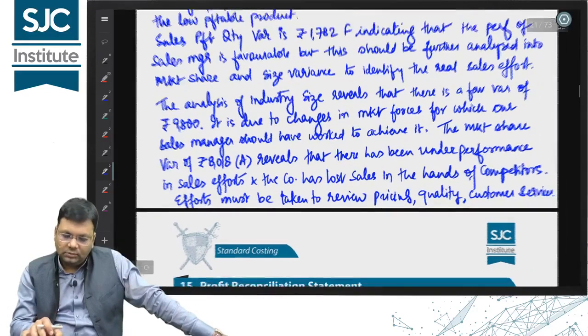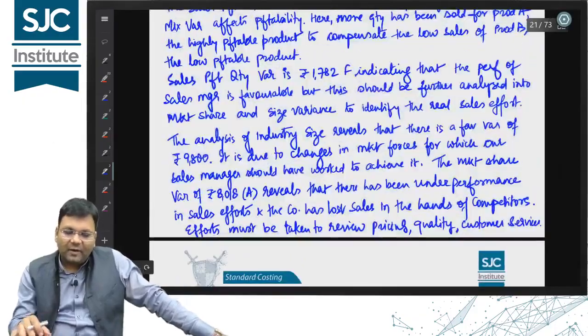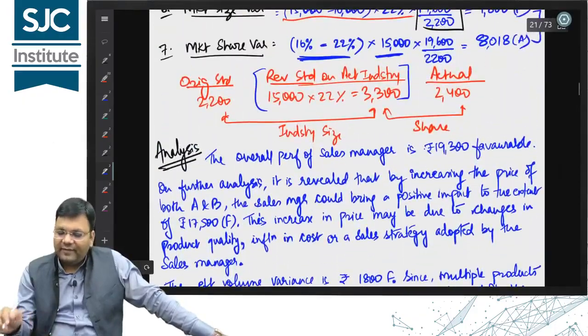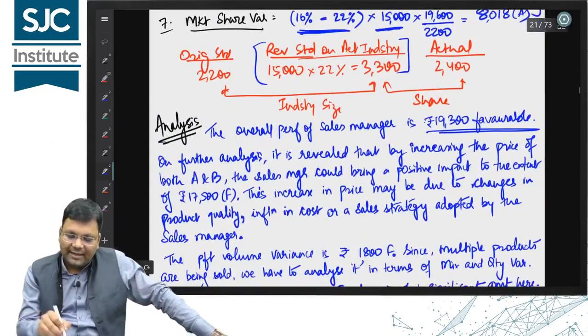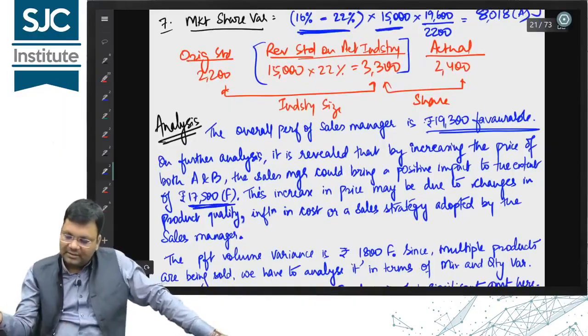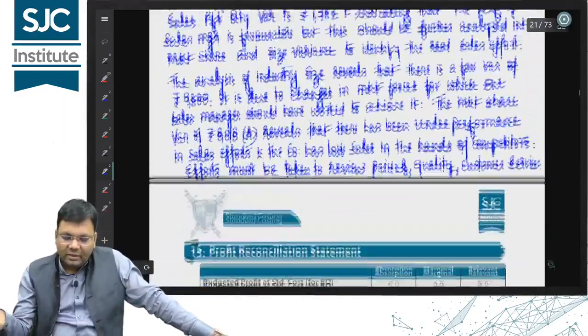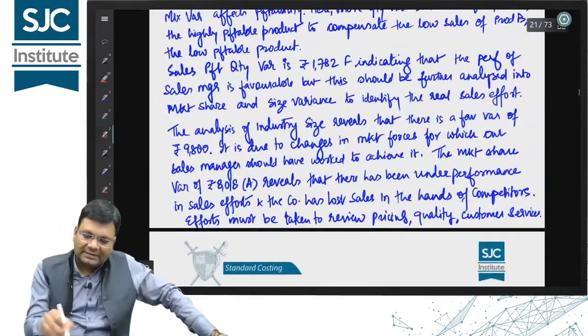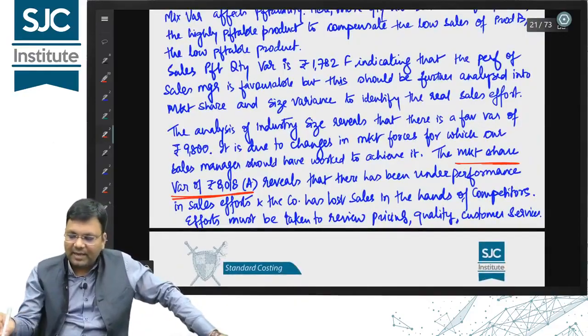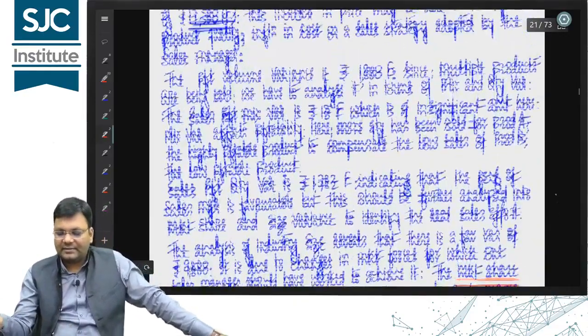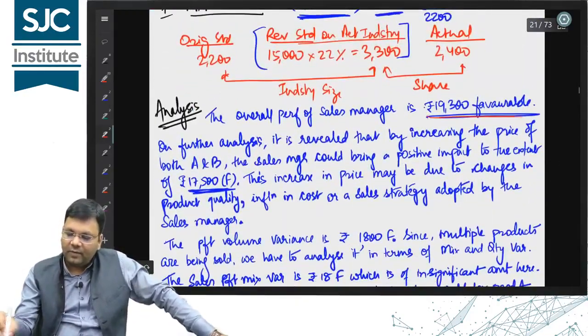So overall, the performance is showing favorable. A lot of it has got compensated by increase in price, but internally we are losing. This is very dangerous. If you are losing market share, this is dangerous. If you don't work upon it, sometimes what happens?